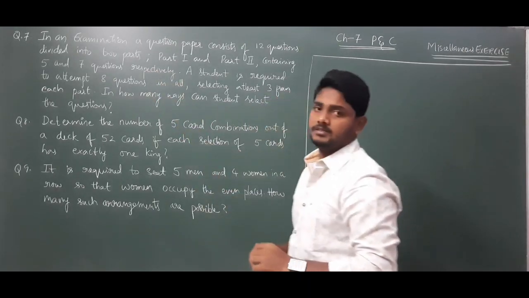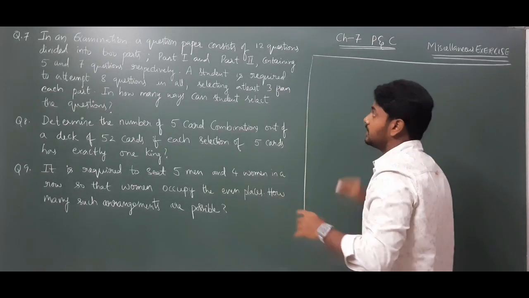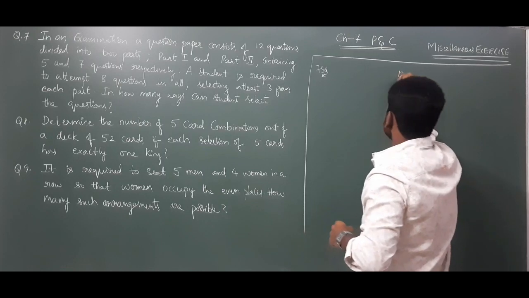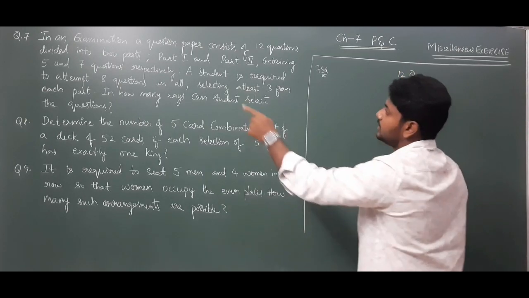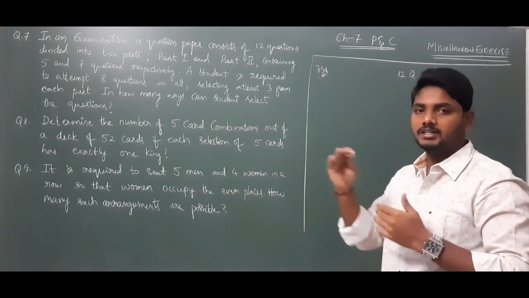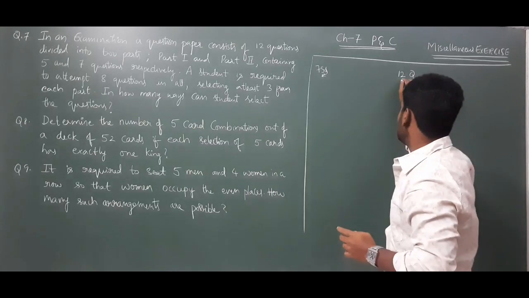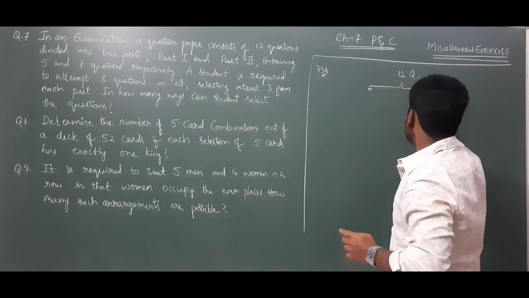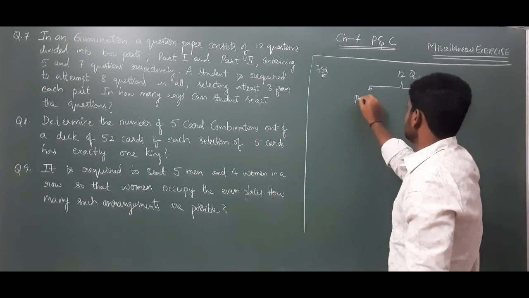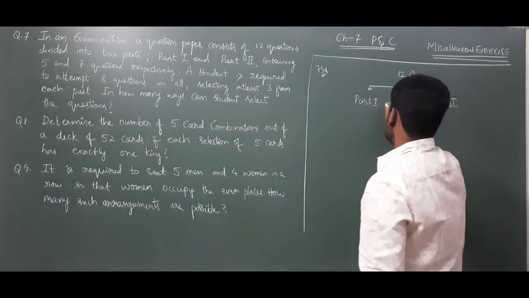In an examination, a question paper consists of 12 questions, divided into 2 parts, part 1 and part 2, containing 5 and 7 questions respectively.